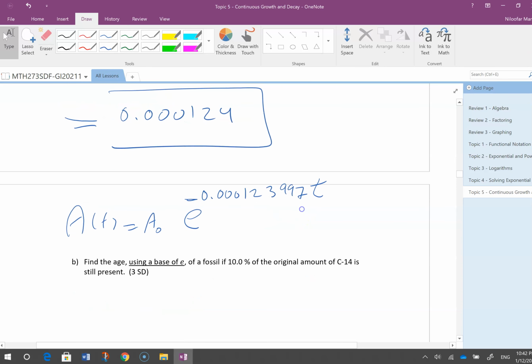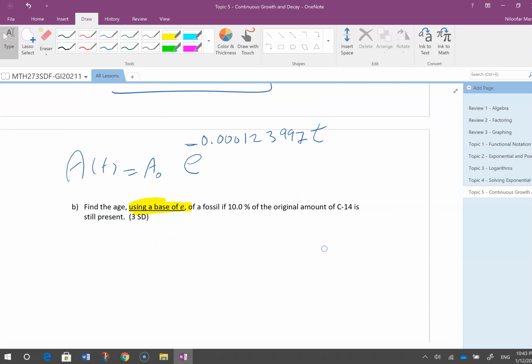It says using this formula. Find the age, meaning how many years, of a fossil if 10% is still present. What does that mean?